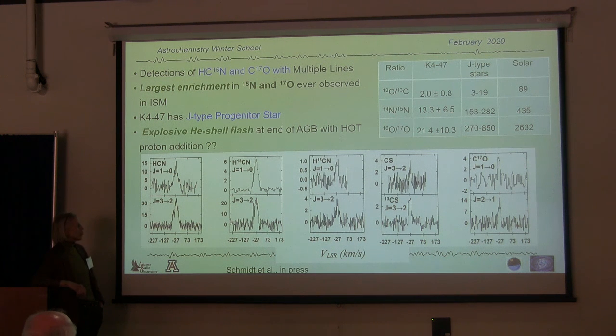And so we were beginning to wonder whether this nice picture of AGB stars evolving nicely into planetary nebulae is not quite correct, that there's some more nucleosynthesis that occurs at the end of the AGB phase, where you have some explosive helium flash, which basically adds protons to 14N and 12C and produces nitrogen-15, carbon-13 and oxygen-17, which are explosively ejected before they react to form something else. But that's just speculation.